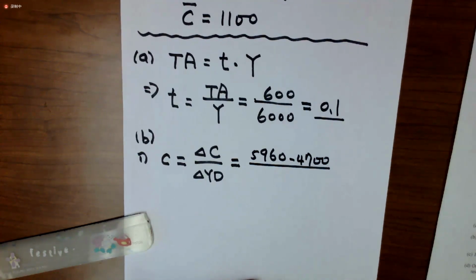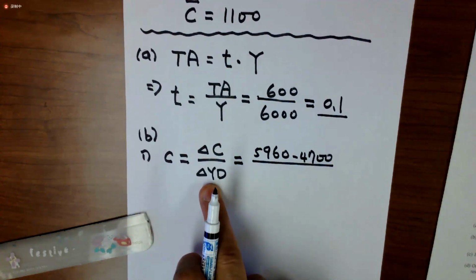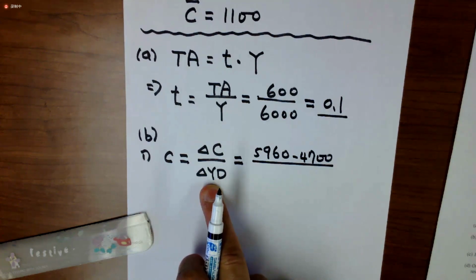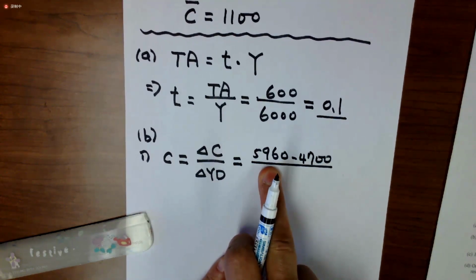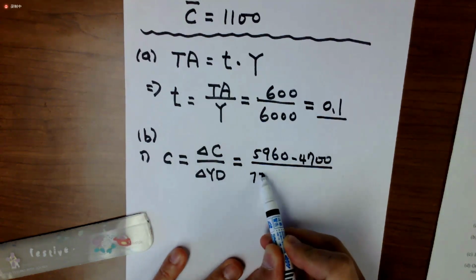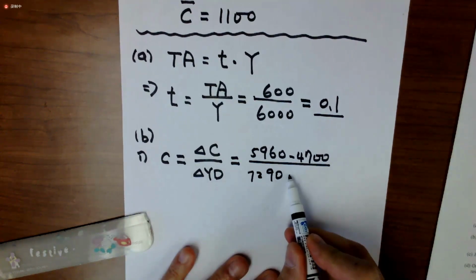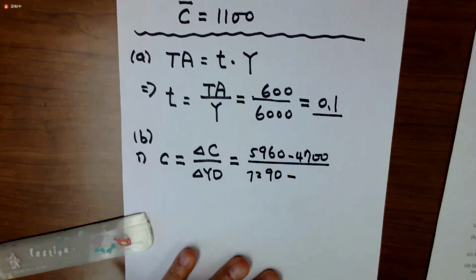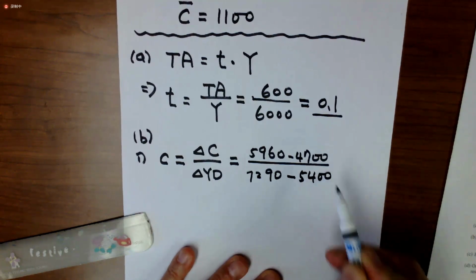And then I need the corresponding changes in the disposable income. So you look at the third column, and when my consumption is 5960, my disposable income is 7290. And when my consumption is 4,700, my disposable income is 5,400.